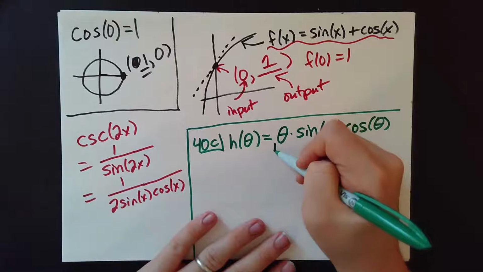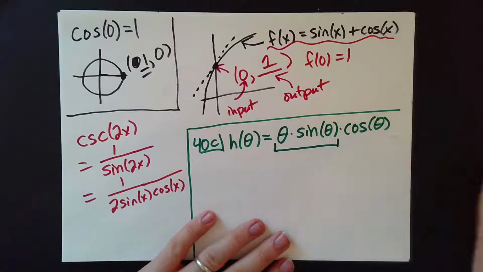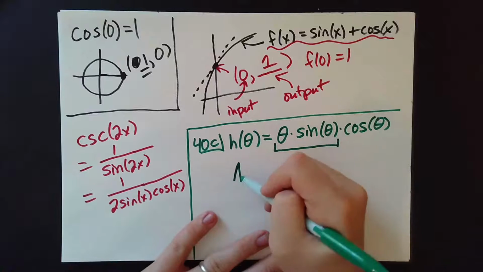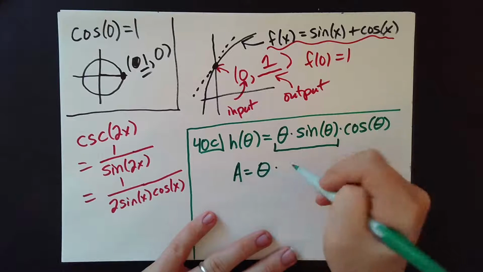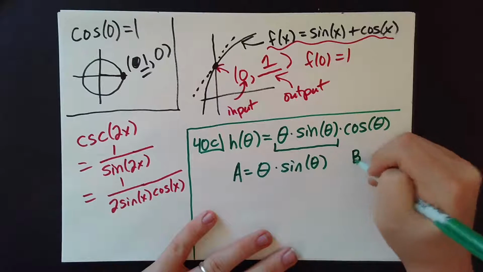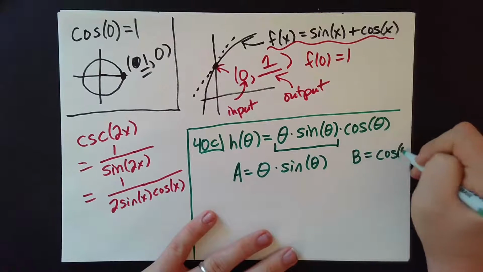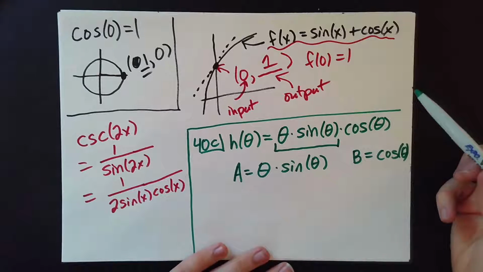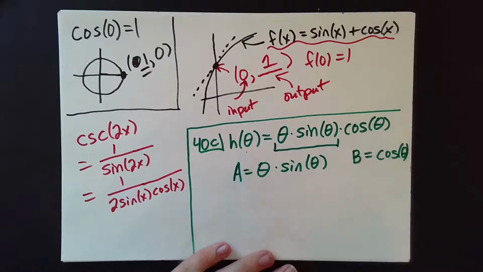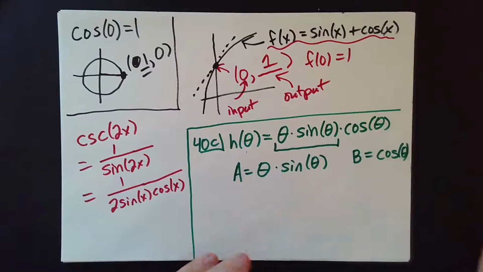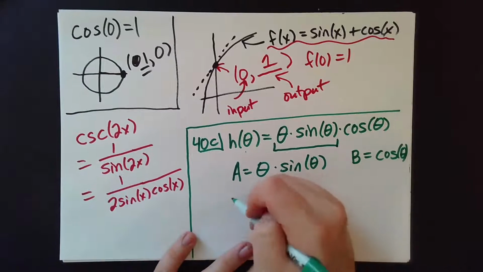Well, basically I'm going to do this still as a product rule for a product of two things. So the first thing is theta times sine of theta. And my second thing here is going to be just cosine of theta. So again, this h of theta is a product of theta times sine of theta, that's the first part, and cosine of theta, that's the second part.